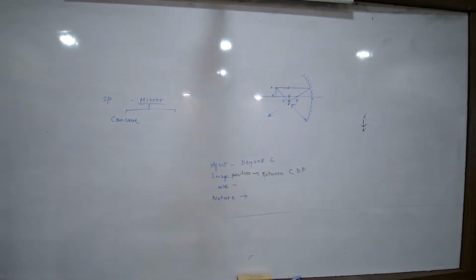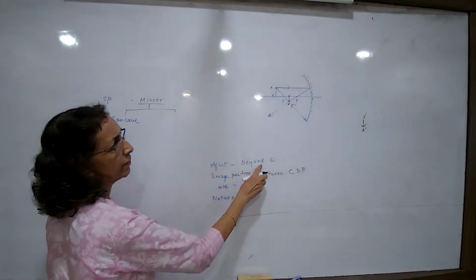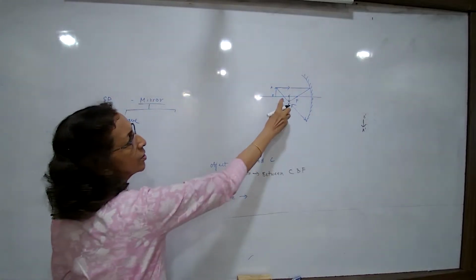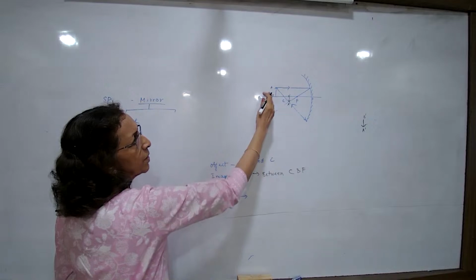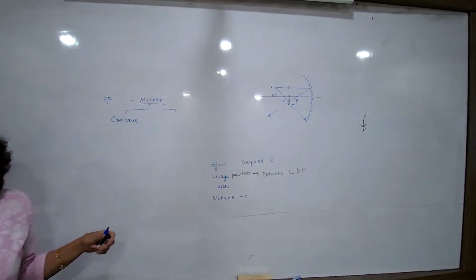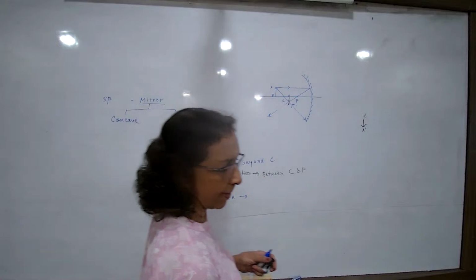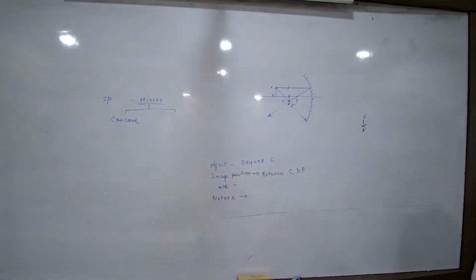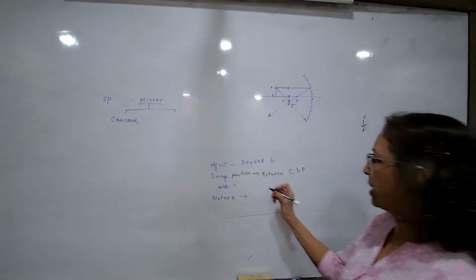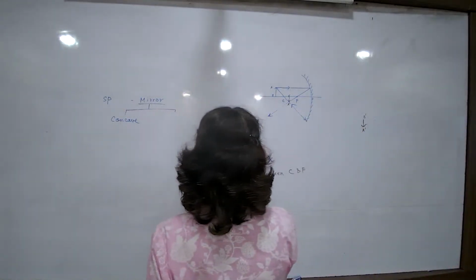Are we getting it? It is very small. So what will you write? It is diminished. And the object is near C, but it is still small. Beyond C object. It has not come to C. It is just beyond it. Size you will write as small, or you can also write it as diminished.